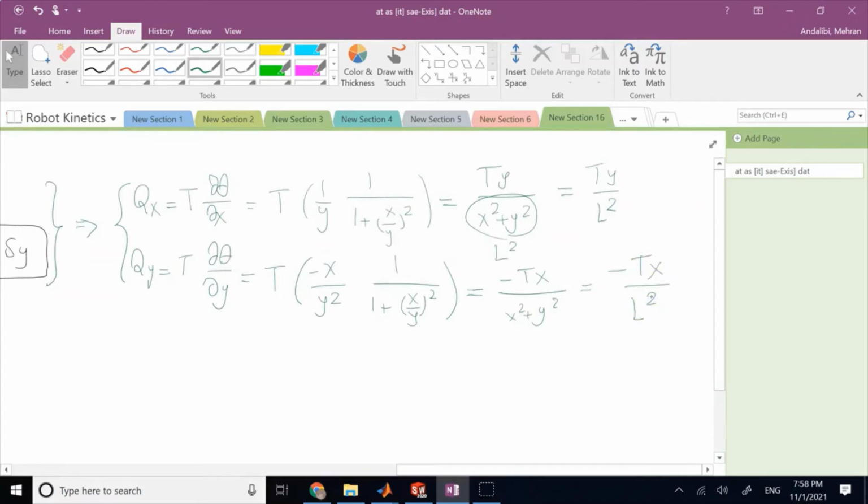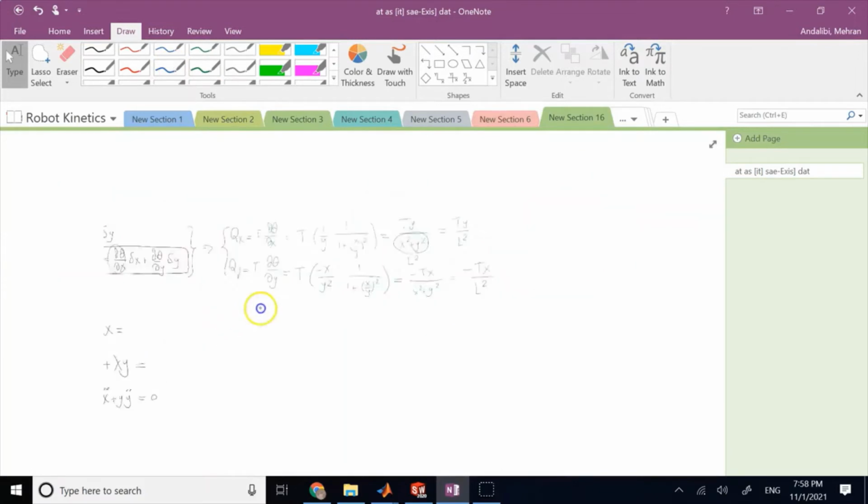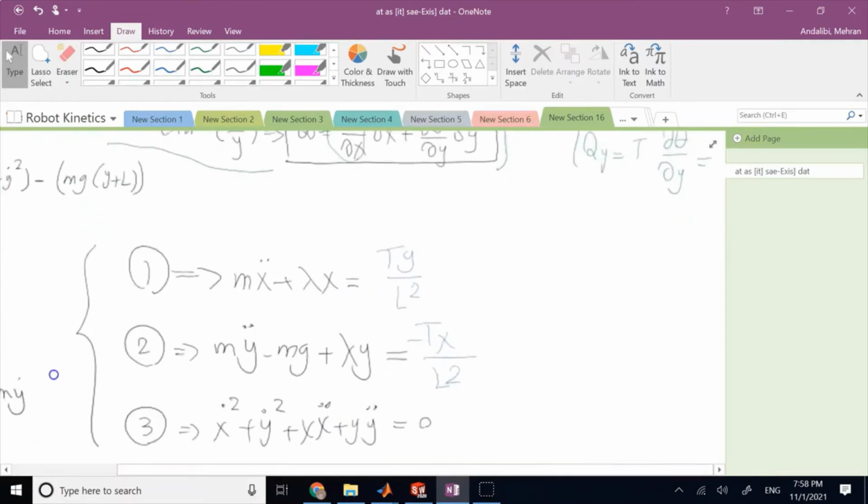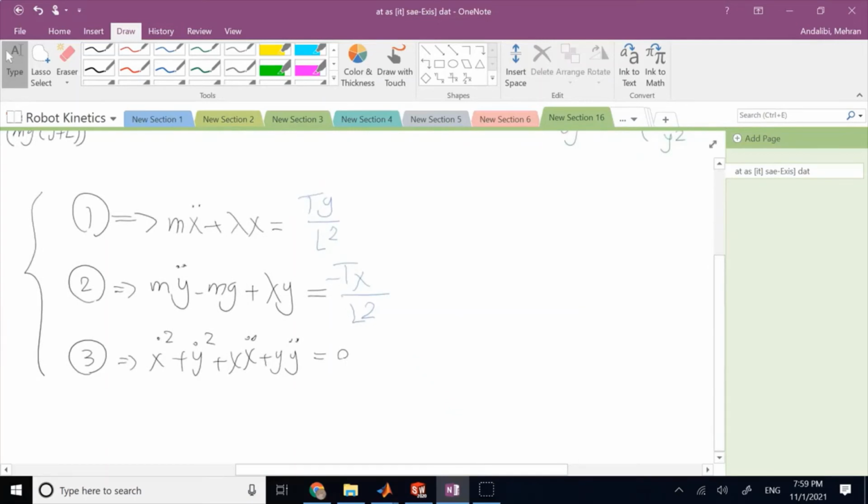So these are your qx and qy in here. Let's go ahead and replace them. So this one was 0, this one is t times y over L squared, and this is t times negative x over L squared. And now I have 3 equations and what?